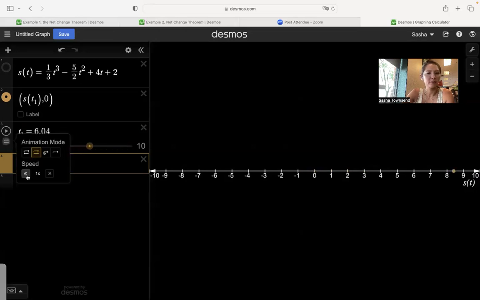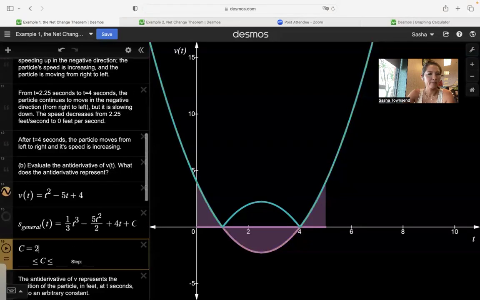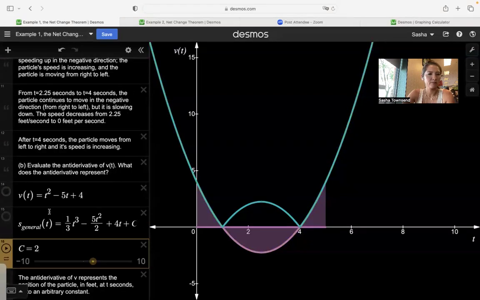Maybe we should slow it down a bit. Now, if we look at the original graph, not the velocity, but the position graph.